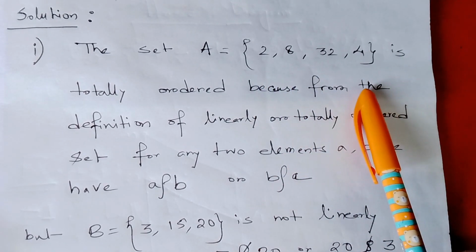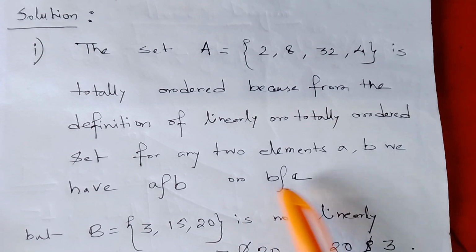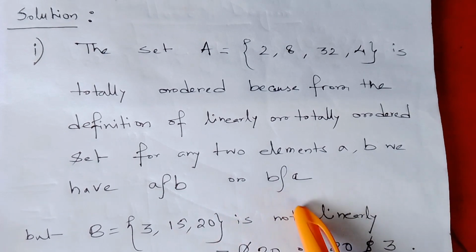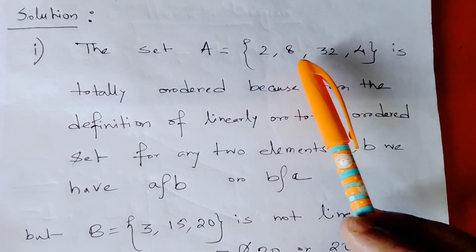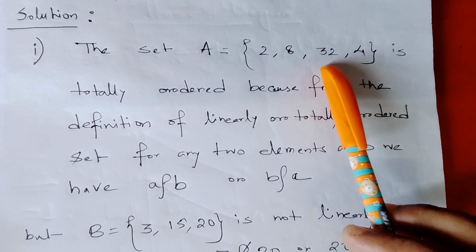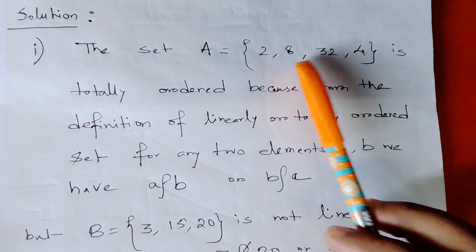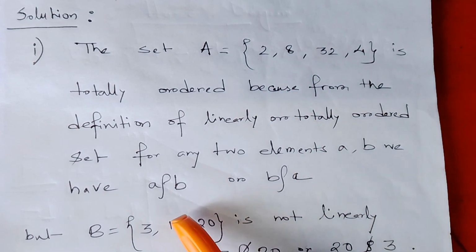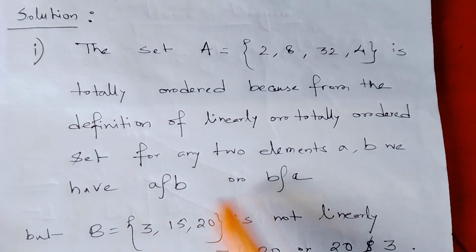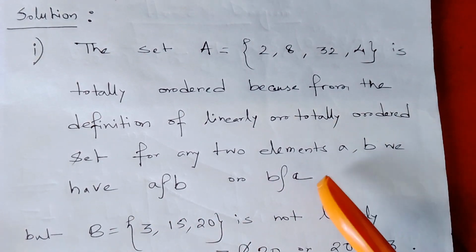So for any two elements, a ρ b or b ρ a, either a will divide b or b will divide a, but not both, because 8 will divide 32, but 32 can't divide 8 because 32 is bigger than 8. So either a ρ b or b ρ a, any one condition will be satisfied.